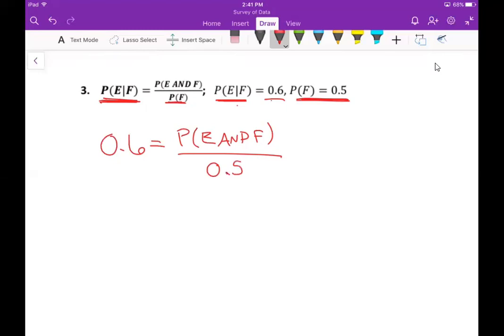So that looked really crazy from the beginning, but here, all I have is that my unknown is being divided by 0.5, so I just need to multiply both sides by 0.5 to get my final answer. So the unknown p of e and f is whatever we get when we take 0.5 times 0.6, which should be 0.3.